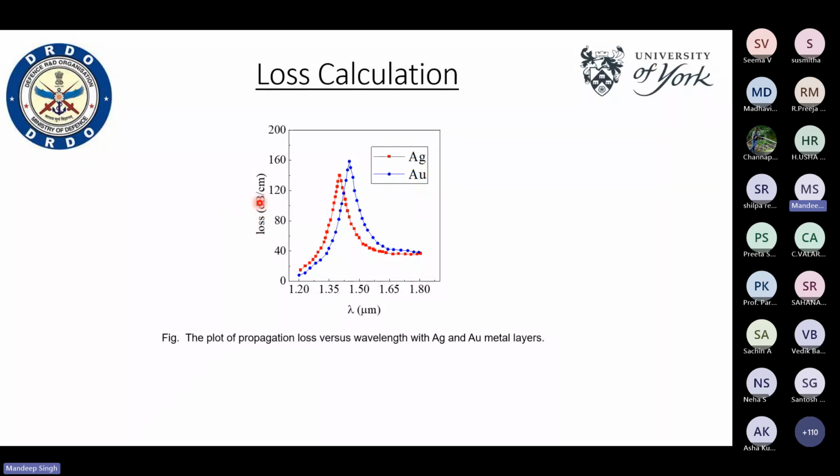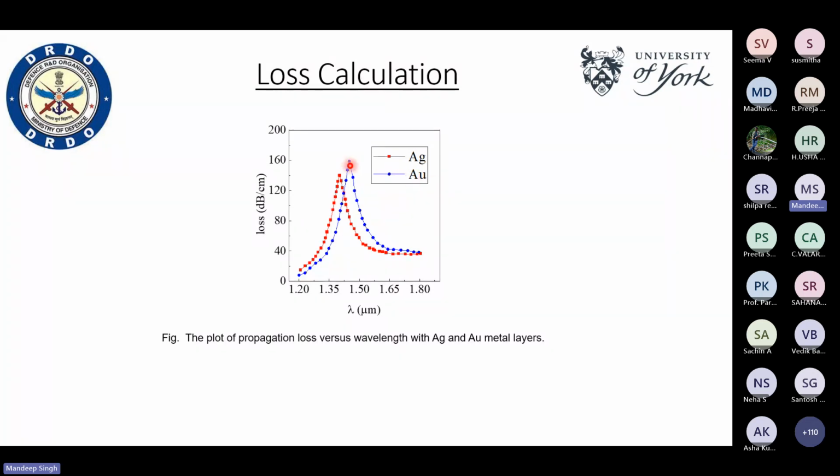For different metals like silver and gold, the loss peaks near 1.5 micrometer wavelength we have calculated, and the loss is more for silver, but no doubt we have to use silver in contrast to gold.